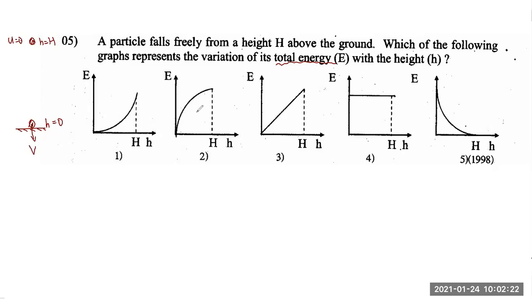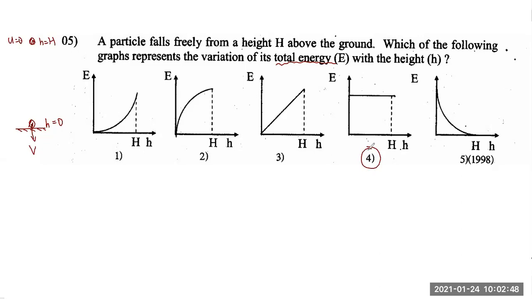But the problem is, this question is about total energy. Since they have not clearly mentioned air resistance or any resistive forces, we have to assume that there is no air resistance involved. If there is no air resistance involved, the total energy will be constant. The fourth will be the answer, right?